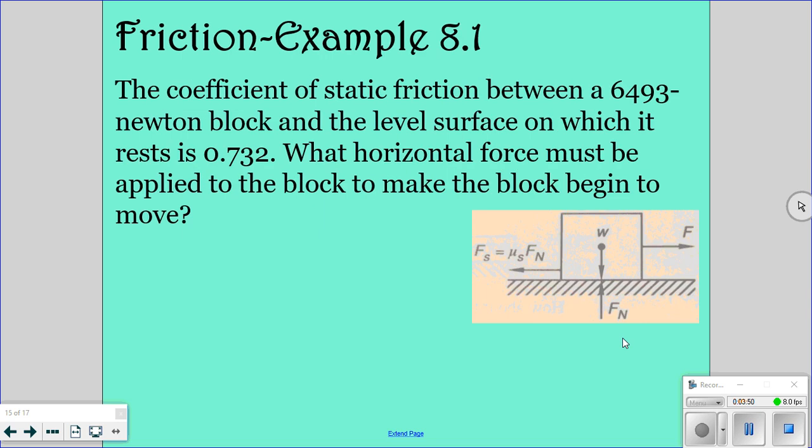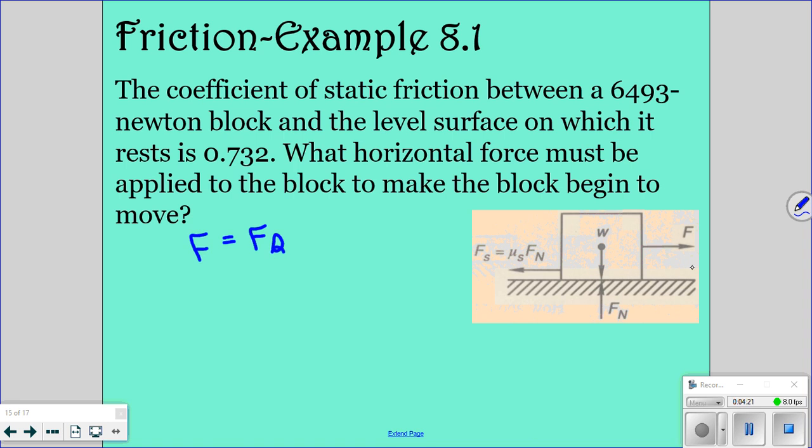So let's look here. We have the coefficient of static friction between a 6,493 Newton block and the level surface on which it rests is 0.732. What is the horizontal force that must be applied to the block to make the block begin to move? So we want to know what is our F. Well, if you look, they tell us that F has to equal F sub s.